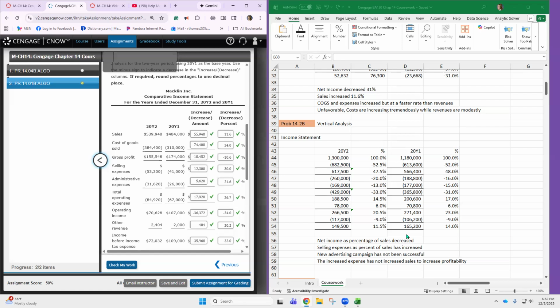When you take 1,300,000 divided by 1,300,000, you get 1. Do you not? Yes. So in percentage, that's 100%. When you take cost of goods sold and divide it by total sales, you're going to find that the amount of cost of goods sold is 52.5% of total sales.